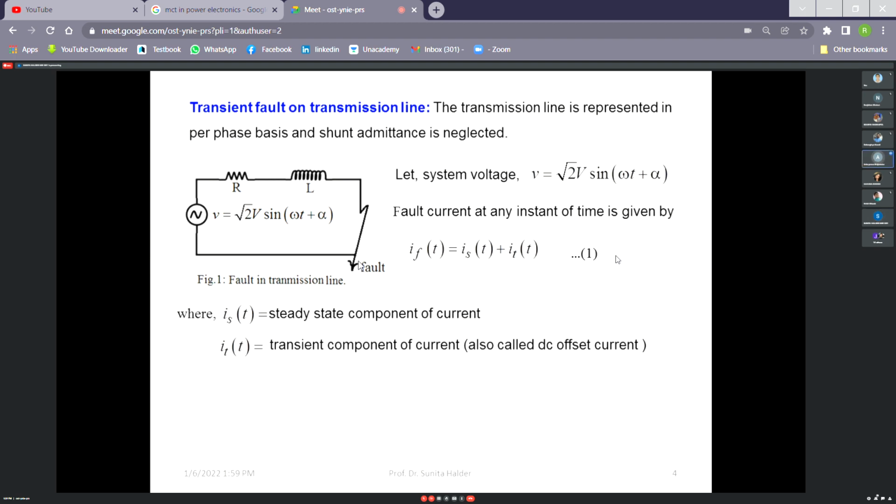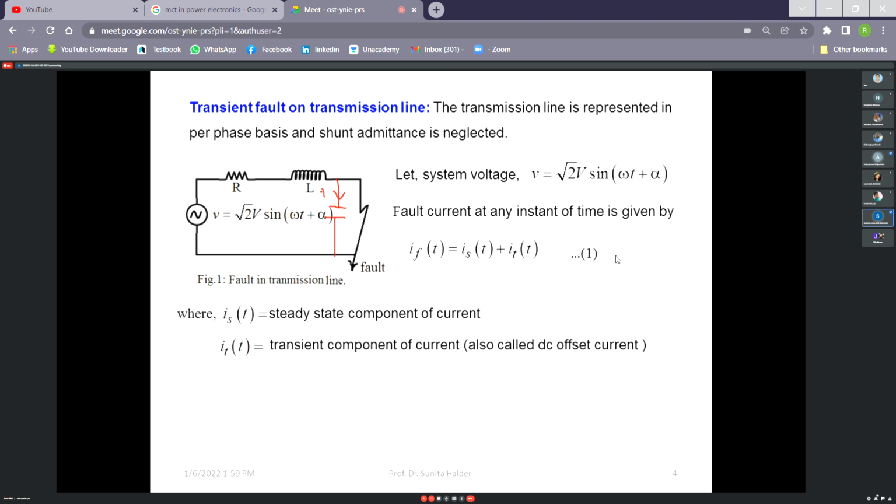Ma'am, can I ask you? Ma'am, the shunt admittance is neglected. Ma'am, can you just repeat once? Shunt admittance means the transmission line shunt admittance. This is the property of the transmission line that will be there. If we assume a shunt capacitor here, it is obviously connected here. It is not disconnected because it is the property of the transmission line. But what was the contribution of this capacitor?